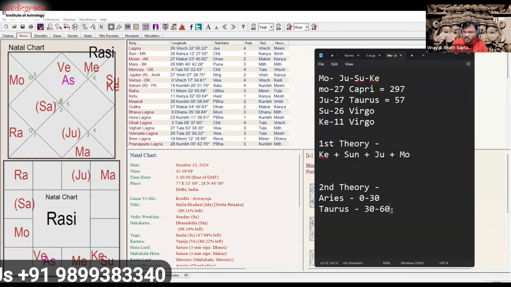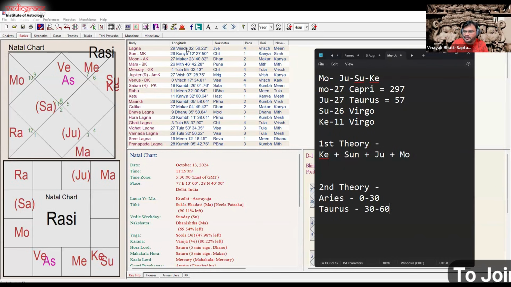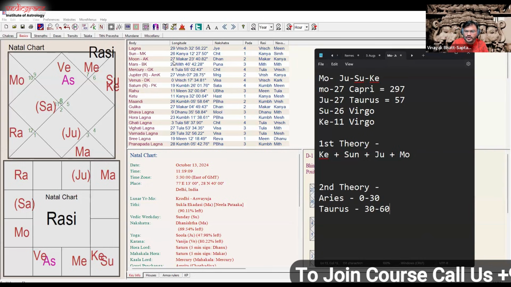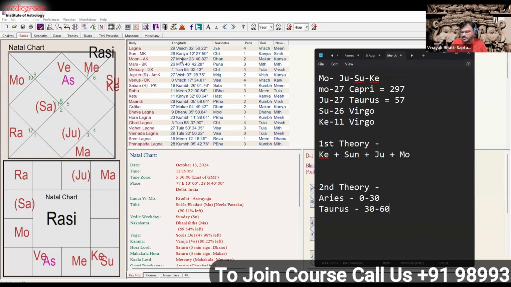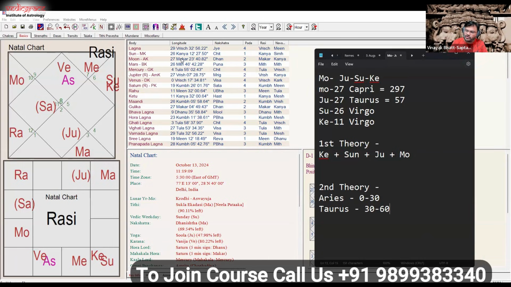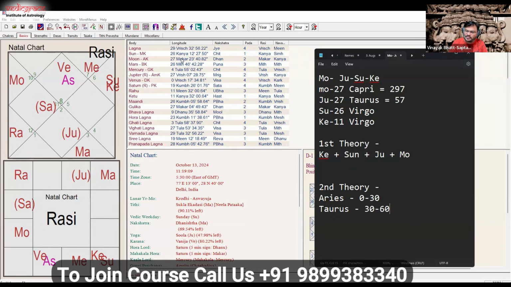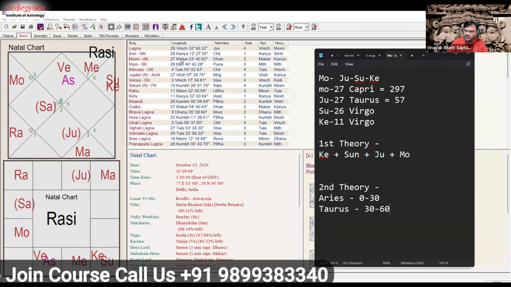Okay, but they are not wrong, because they always say 29 degree plus Rashi also they are mentioning. In Jyotish, when it is written like Moon 27 Makar, Makar is also mentioned. So Makar is mentioned, but you should automatically consider that Makara means a range from 270 to 300.